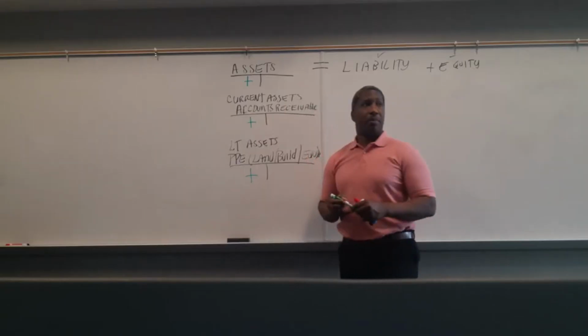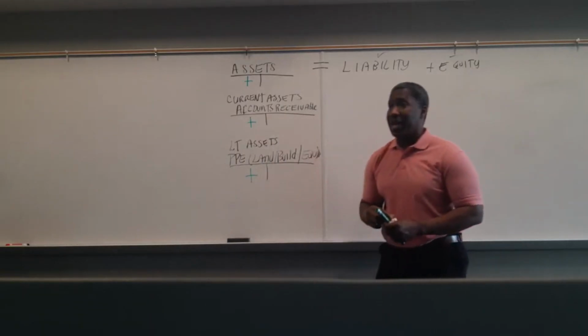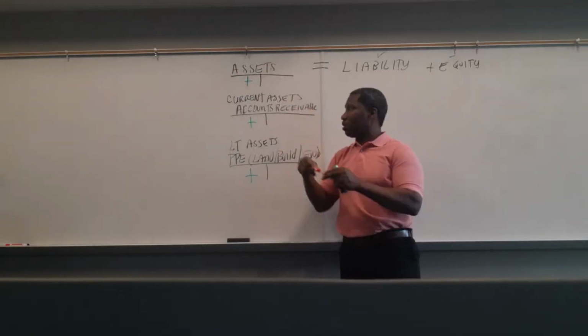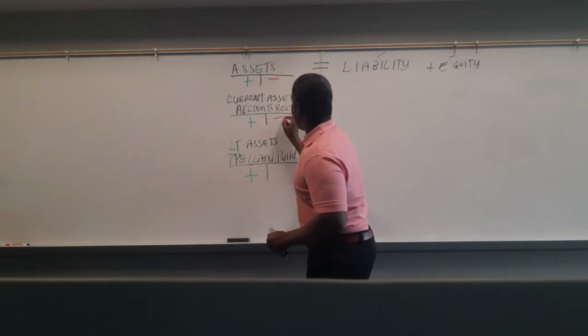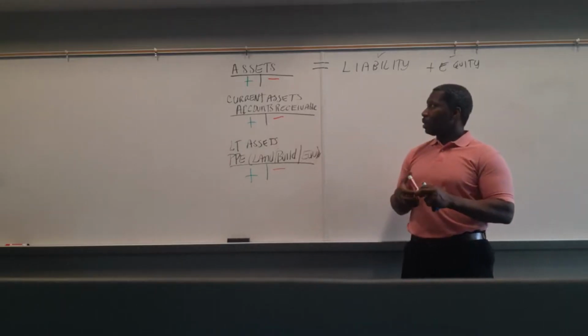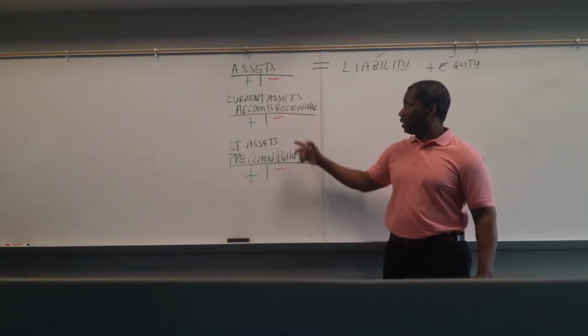We agree? All right. Anything at all that decreases this major category is going to go on the credit side. That's anything that decreases, okay? Now, I'm putting my greens for increases, my reds for decreases.